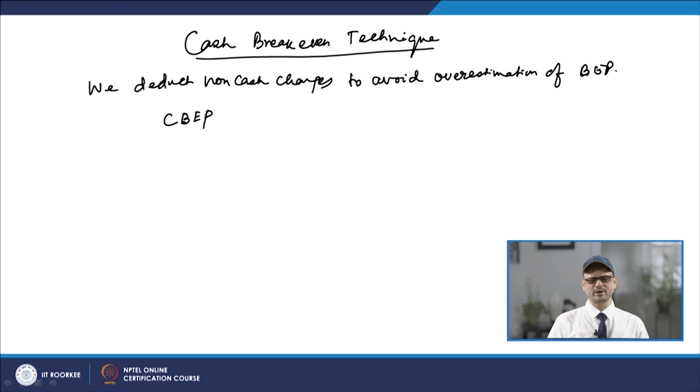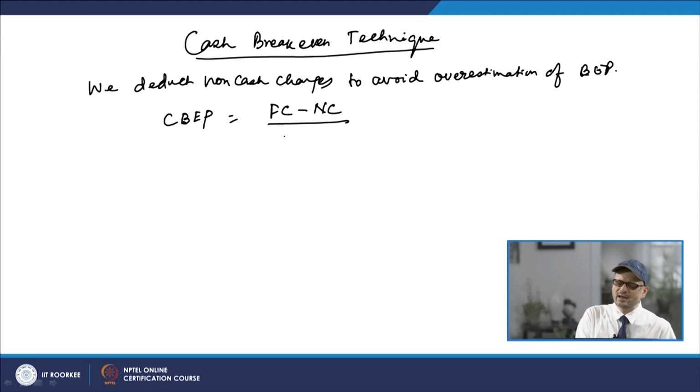Otherwise you have FC upon P minus V, and in this case we subtract these non cash charges from FC, and the denominator will be P minus V. These non cash charges are a sizable portion of the fixed costs, so subtracting them will decrease the break even point quite considerably in such cases.